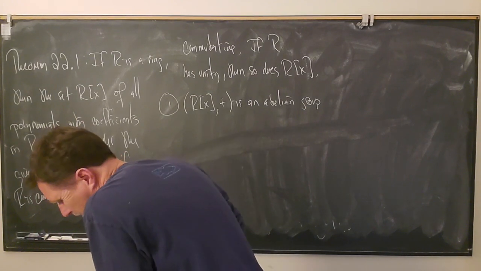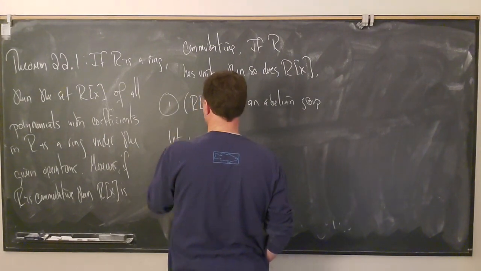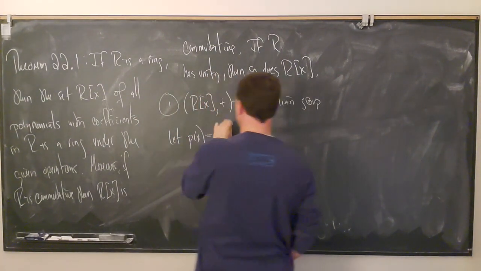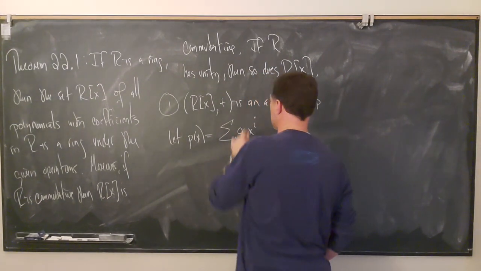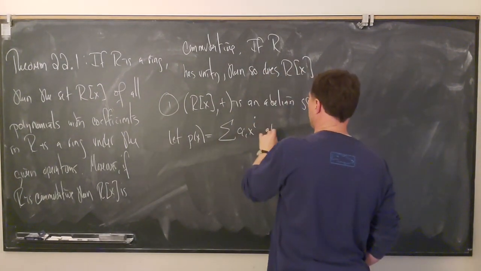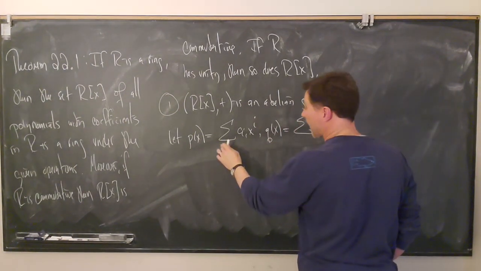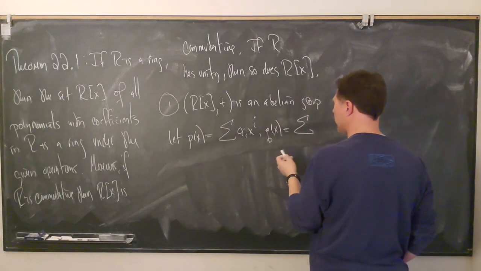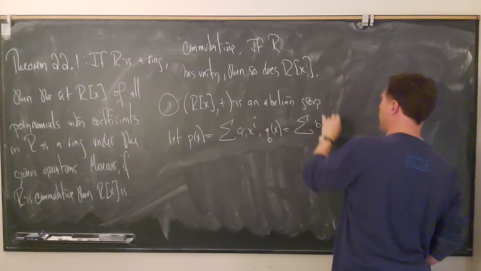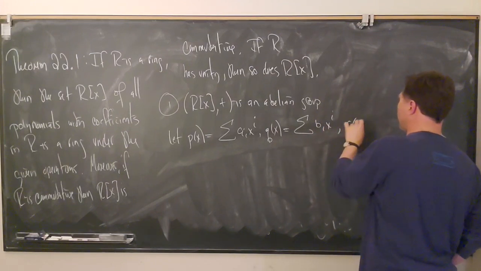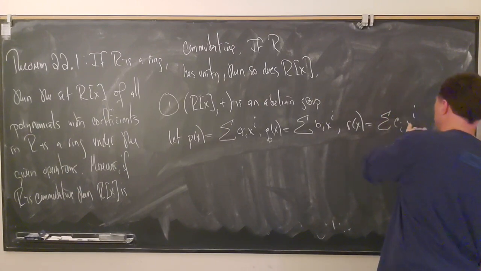Okay, but let's write it out. So let P of X equal sum A sub i x to the i, Q of X equal to sum B sub i x to the i, and let's say R of X is the sum C sub i x to the i. I'm not even putting the limits, it should be i goes from 0 to infinity and so on, but we won't need those.